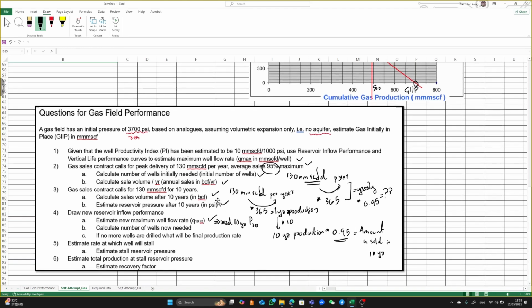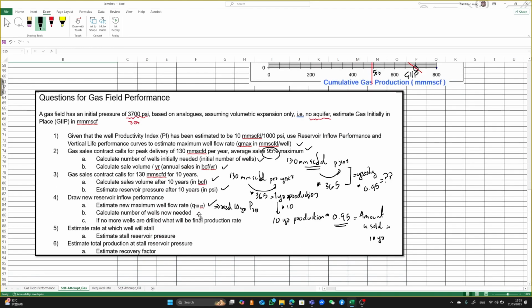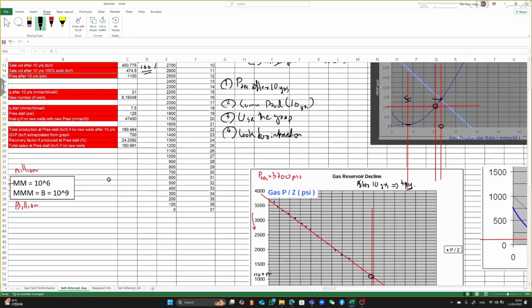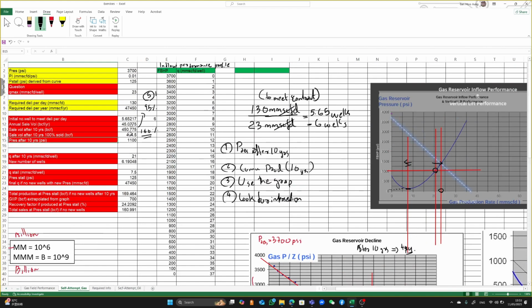Because we have estimated the flow rate after 10 years, which is less than the flow rate at the start of production, they want us to calculate the number of wells that we need to meet the production contract, or the sale volume contract. It is quite simple, really. The promised amount is to produce 130 million standard cubic feet per day.